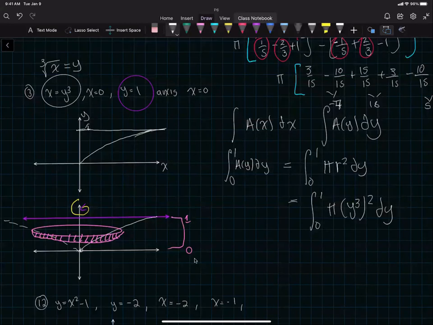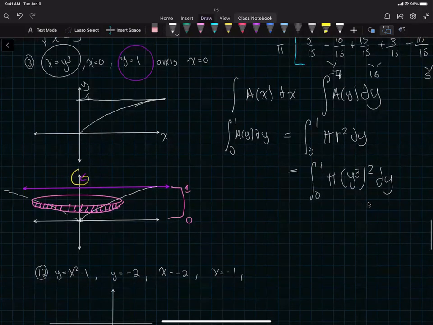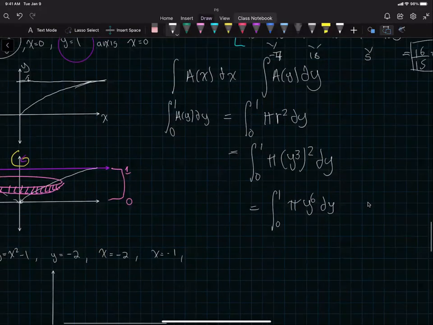So let's go ahead and take the, first, let's simplify it, and then let's take the antiderivative. So this is going to be from 0 to 1, pi y to the 6 dy. Oh, actually, we can take the antiderivative already. So let's go ahead and do that.